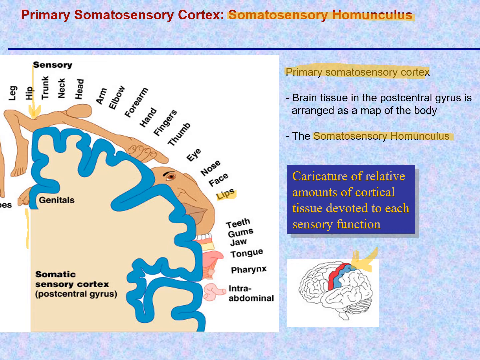So the amount of cortical tissue in the primary somatosensory cortex represents each different part of the body in terms of incoming sensory information. That's shown here by this diagram, the somatosensory homunculus.